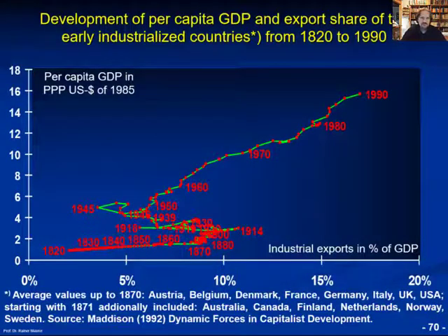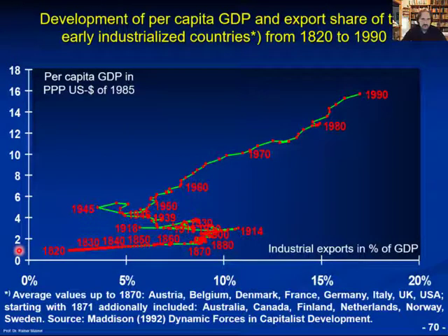This diagram is quite useful to get an idea how much the build-up of trade barriers during the so-called Great Depression brought world trade to a standstill between the two world wars. The per capita GDP of the 14 leading industrialized countries at the time is measured in this diagram on the y-axis here.